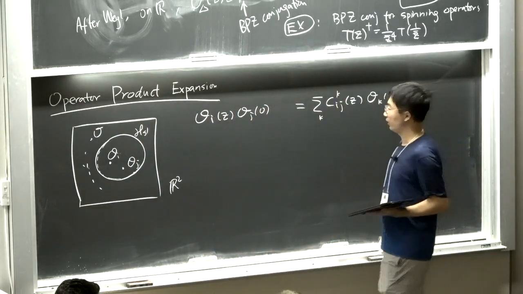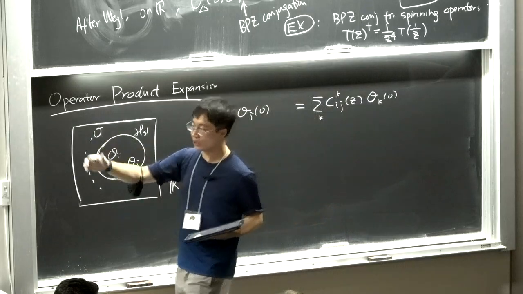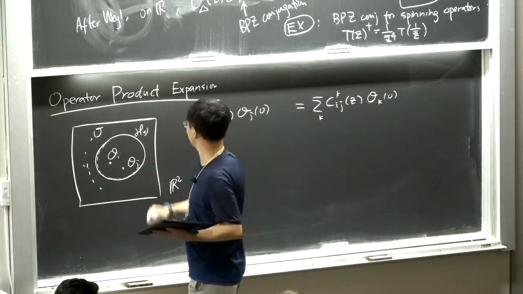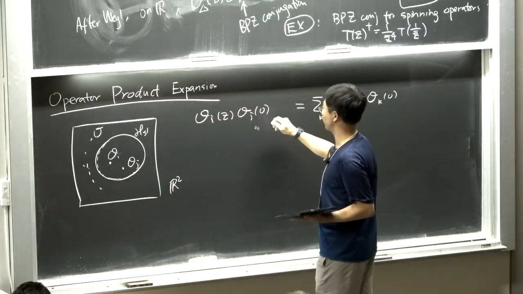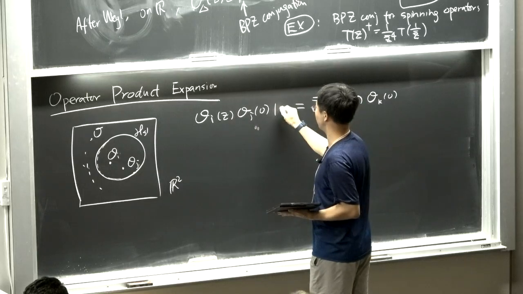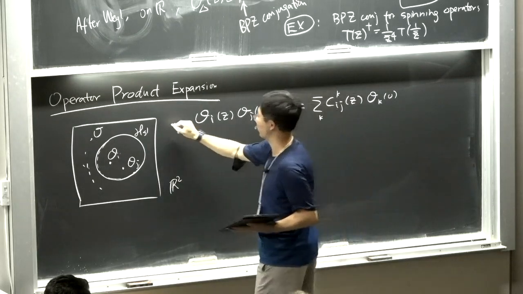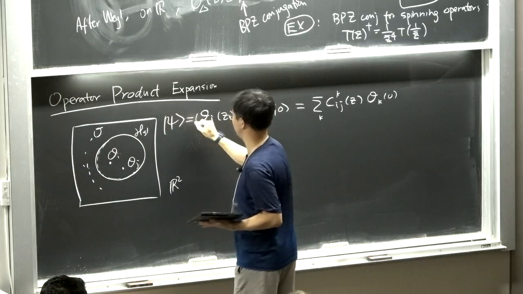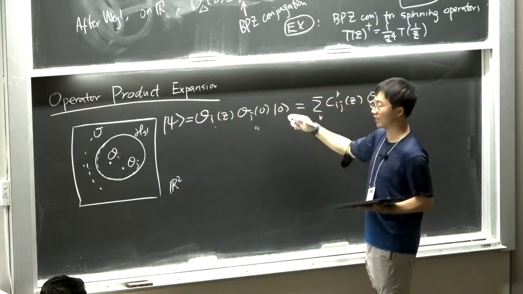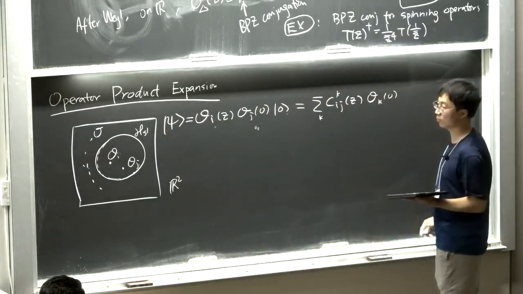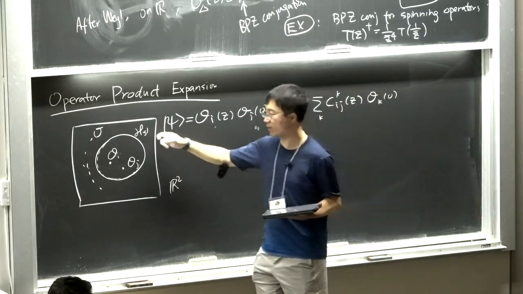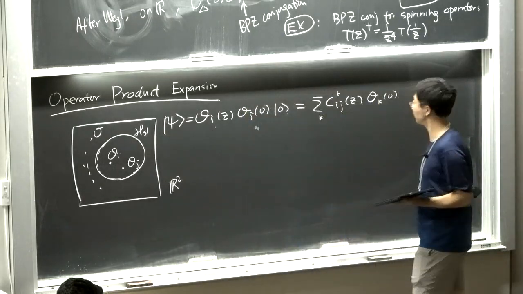And from the general discussion that I gave over there, the state that's created by these operator insertions can be characterized as follows, by these guys acting on the vacuum, which corresponds to the state created in this superspace with no operator insertions at all.